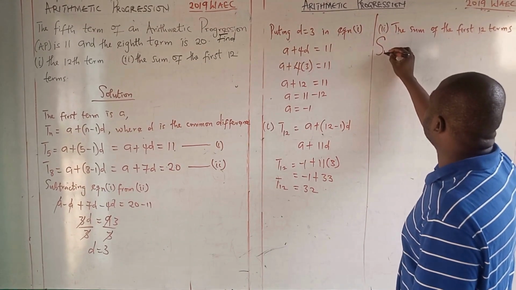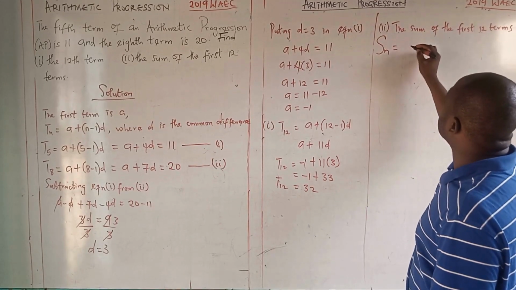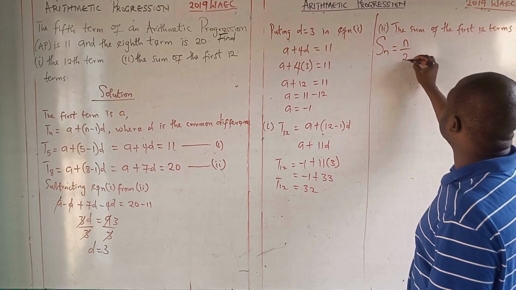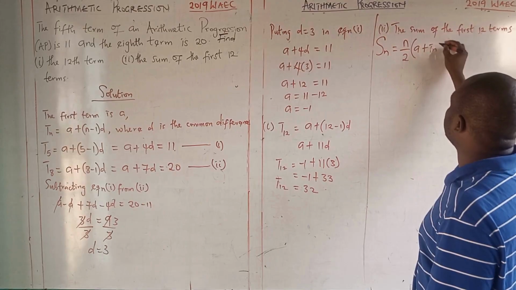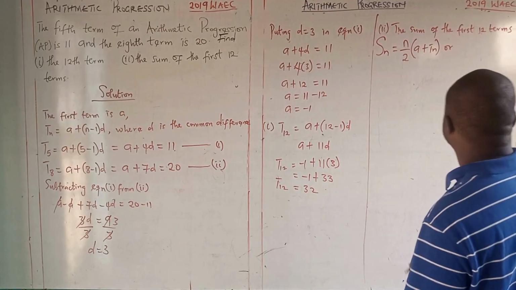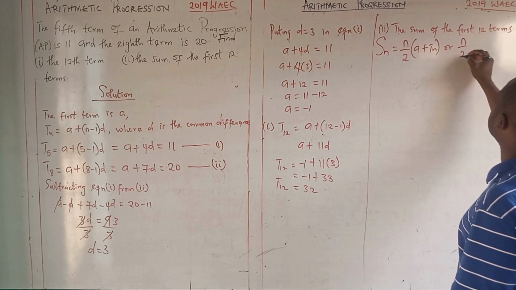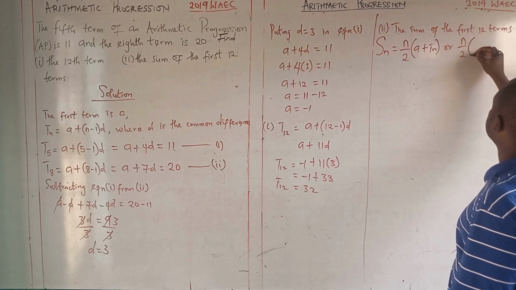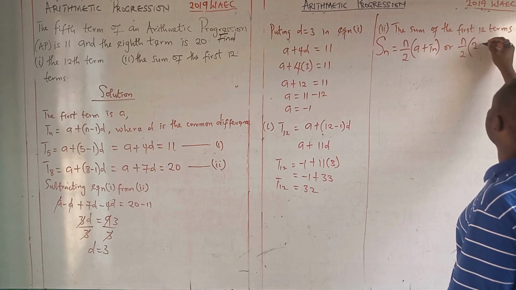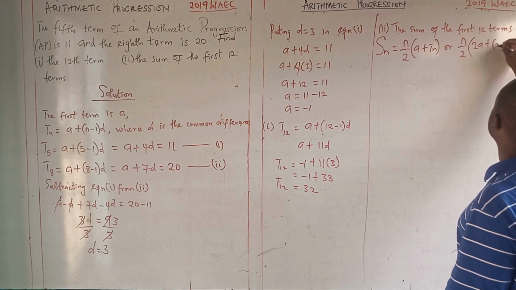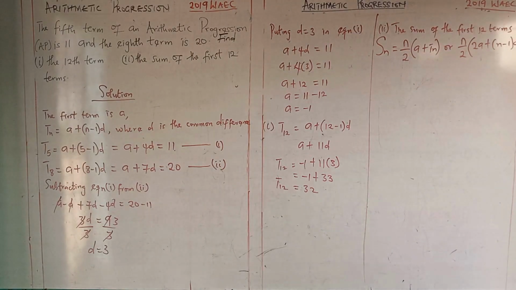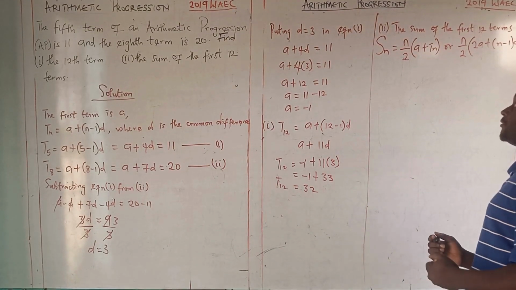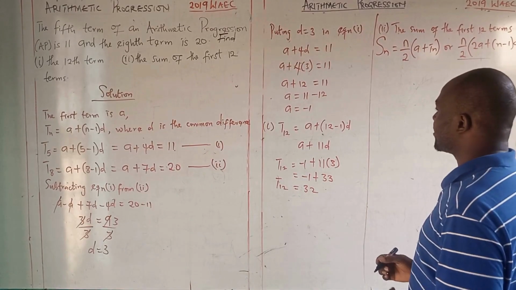Now, the sum of terms equals n over 2 into (a plus Tn), or n over 2 into (2a plus (n minus 1)d). Alright? Now, let's make use of this formula.